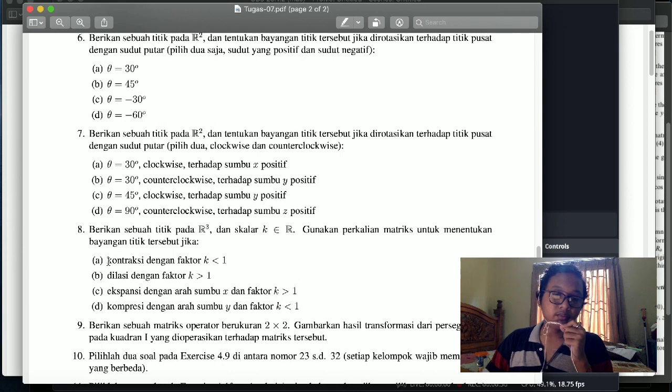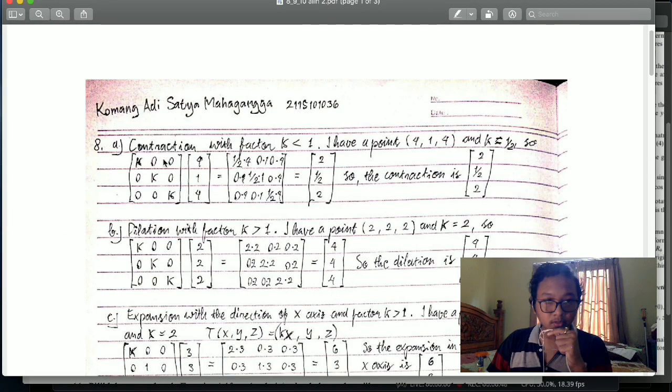For part A, it is a contraction with a factor k less than 1. So my answer: I have a point here, 4, 1, 4, and I decided k is half.